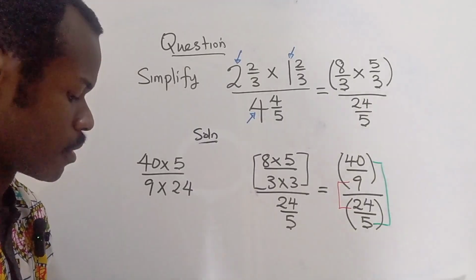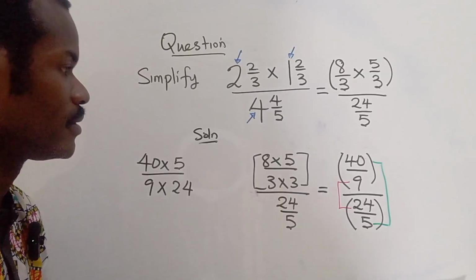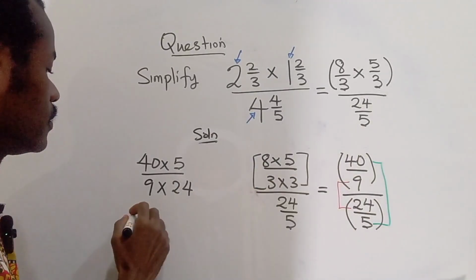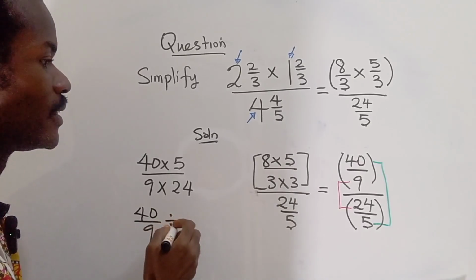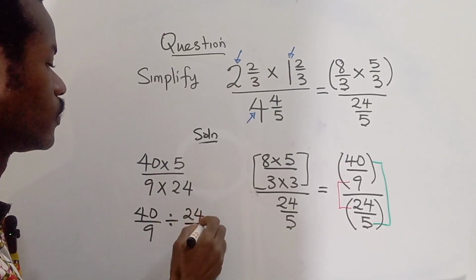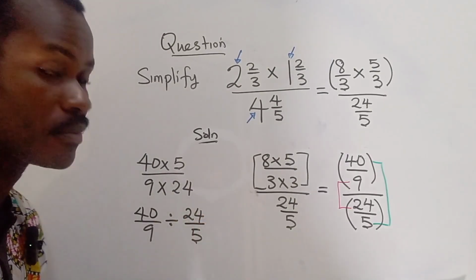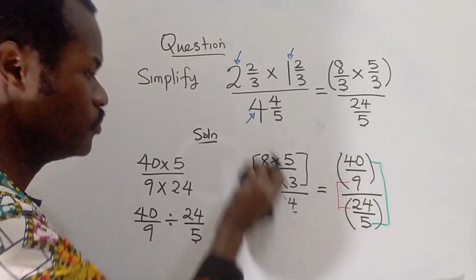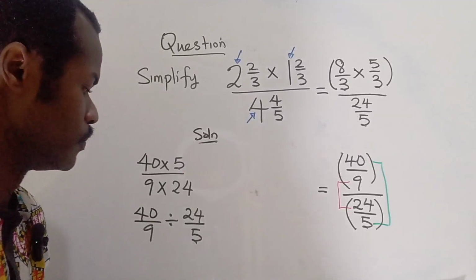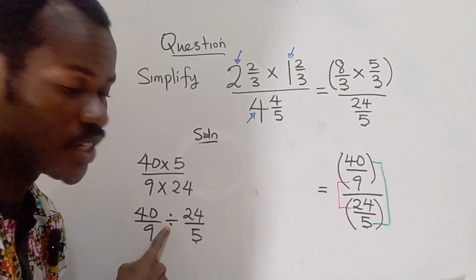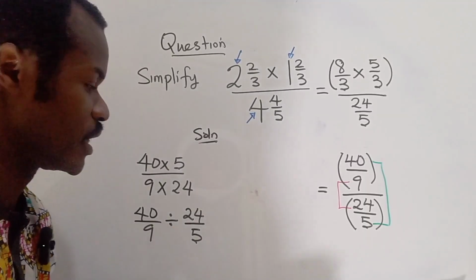But some other way is we have 40 over 9 divided by 24 over 5. And you want to use our basic rule of solving division of fractions by changing this to multiplication.